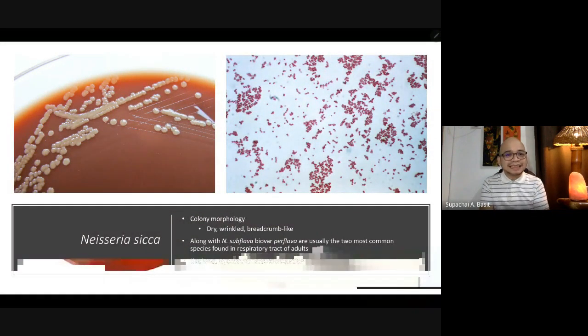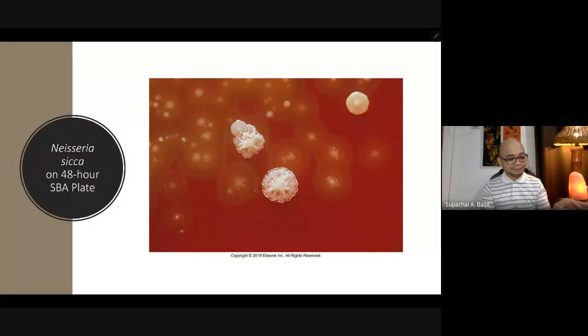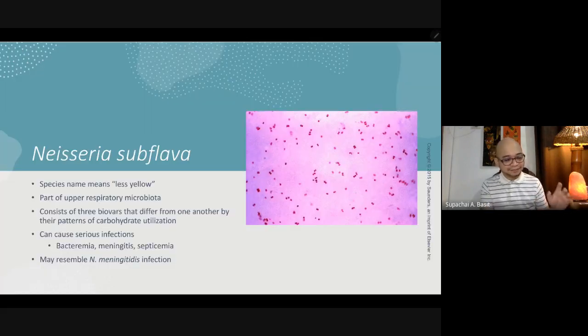Then another one is Neisseria sicca. It is dry, wrinkled, and appears like breadcrumb. Along with Neisseria subflava, they are usually the two most common species found in the respiratory tract of adults and have been reported to cause endocarditis. So after 48 hours, makikita niyo yung colonies ng Neisseria sicca is somewhat wrinkled.